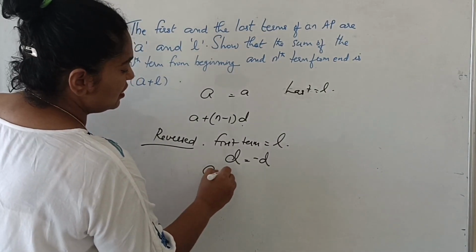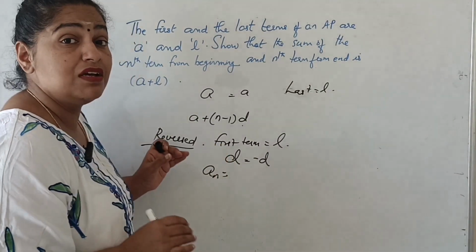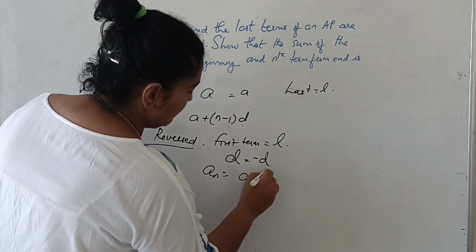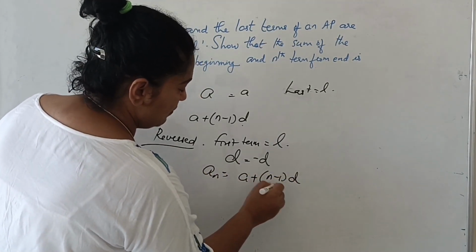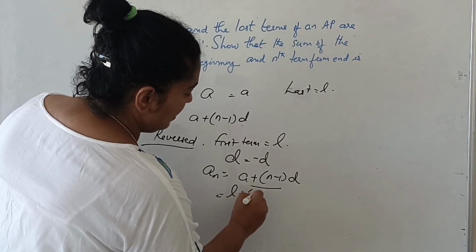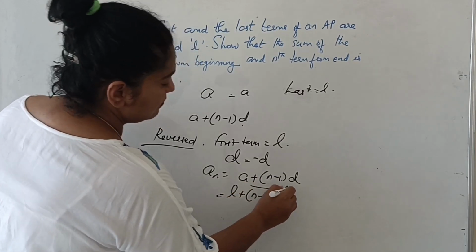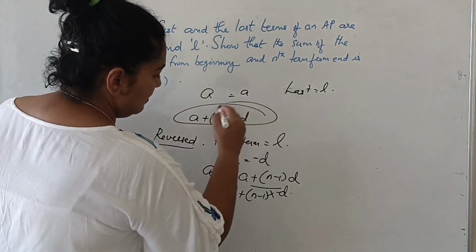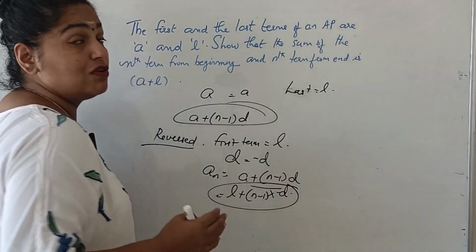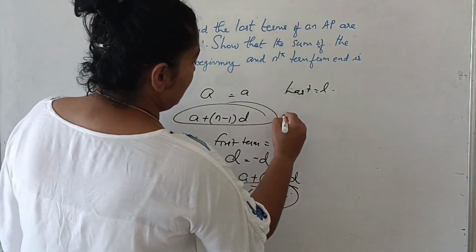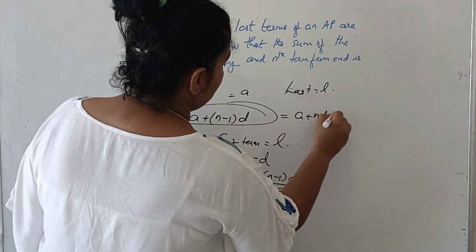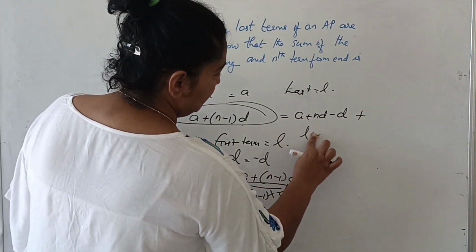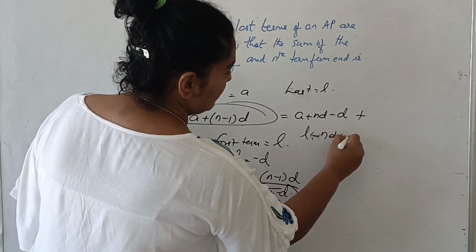Now, the nth term from the end becomes the nth term from the beginning for the reversed AP, so the formula A plus n minus 1 into D becomes L plus n minus 1 into minus D. Fine. Now we need to add this as well as this. So let us see what we are getting. A plus n minus 1 D is A plus nD minus D, plus add this L minus nD plus D.